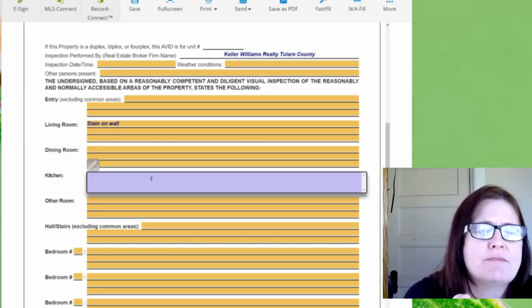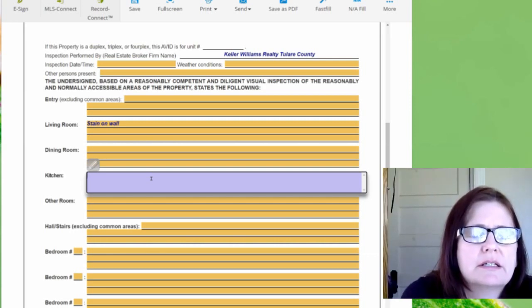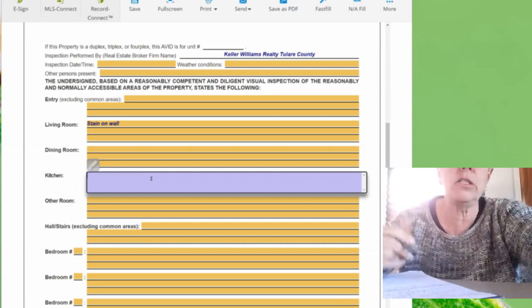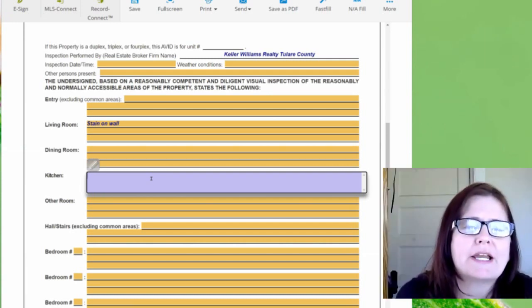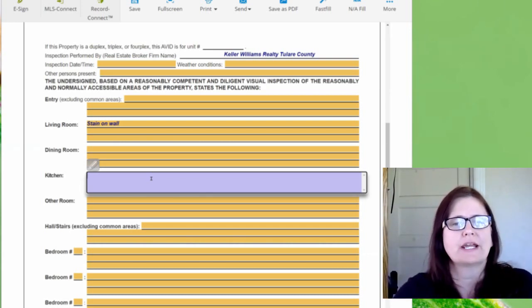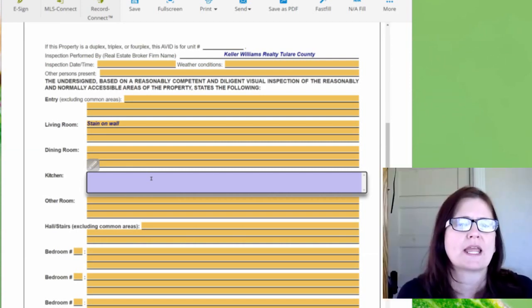That's correct. Pam, you were muted. Well, I was going to say not large because that is subjective, but could you say something like a 3-inch diameter stain? You could, but you don't want to be sitting there with your measuring tape measuring stains, right? So we're just going to put there's a stain on the wall.